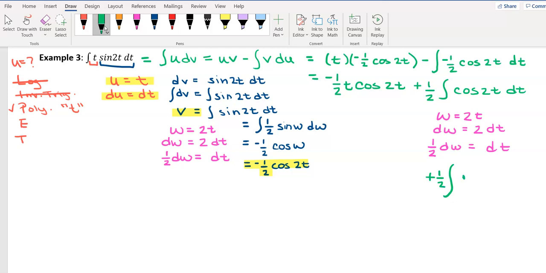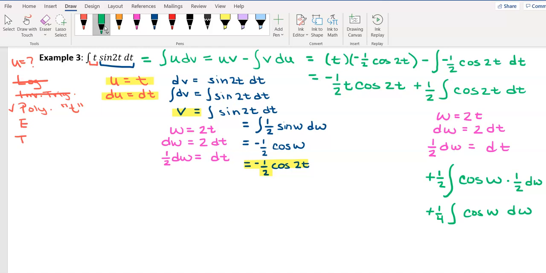Okay, so we have cosine of w times our dt expression, which is 1/2 dw. And I'll move that 1/2 out in front, so it's going to be plus 1/4 cosine of w dw. And so I'm going to take the antiderivative of that.